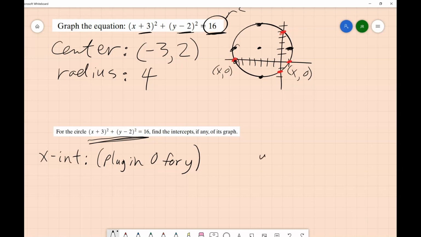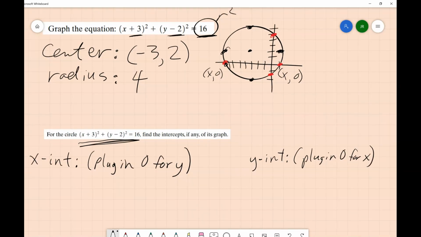And to find the y-intercept, what do you think we do? We plug in 0 for x, for a similar reason, because anytime we're on the y-axis, 0 is always the x-coordinate, and we have some y-coordinate. Okay?